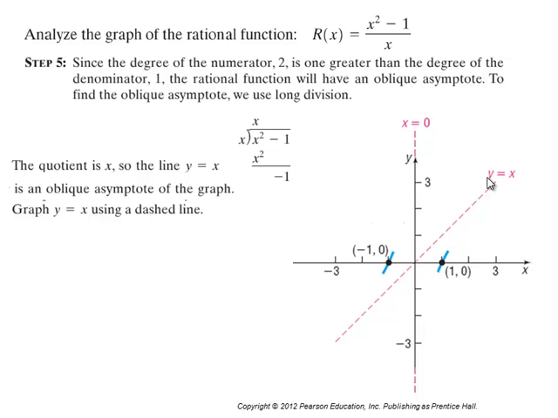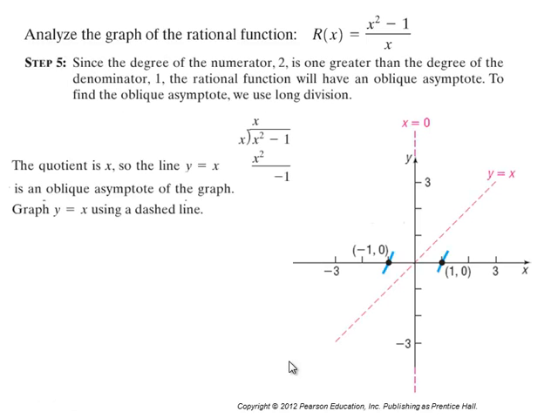Remember, the oblique asymptote tells you that as x approaches infinity or negative infinity, the graph will approach infinity or negative infinity along the line. So along the line that way and along the line that way.